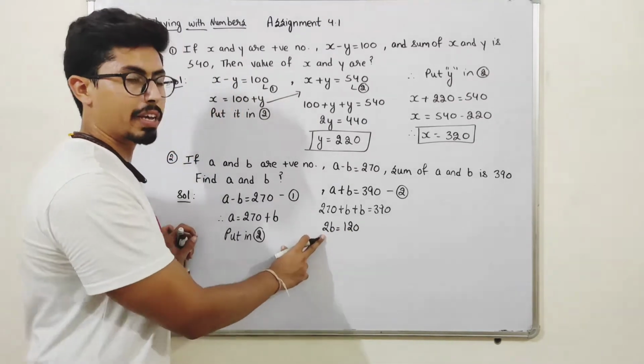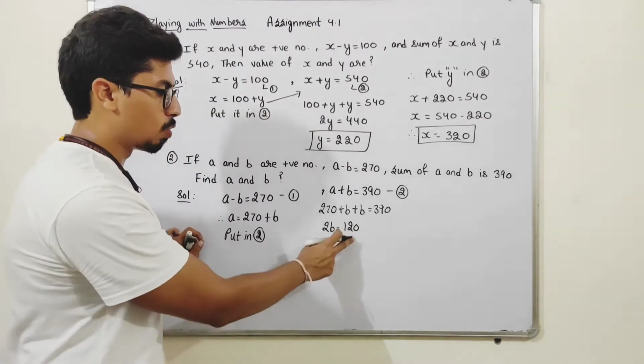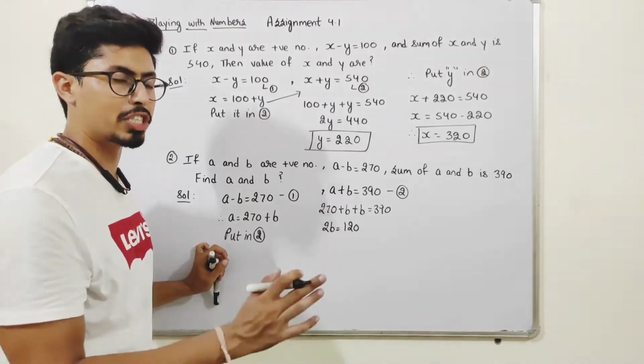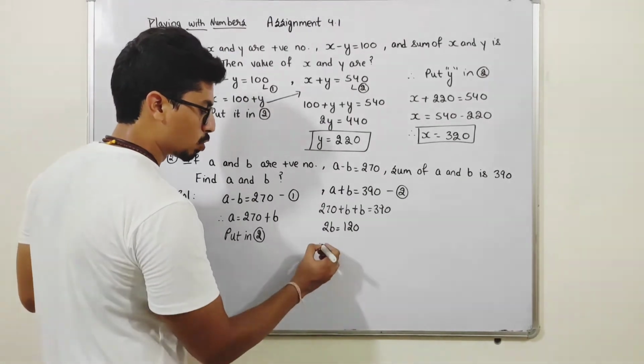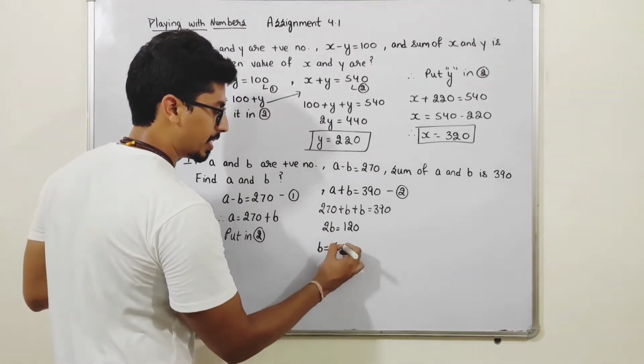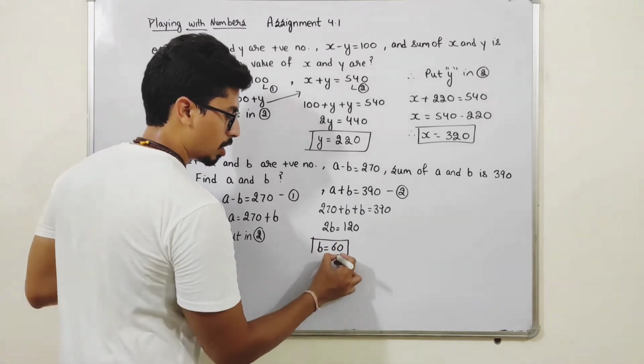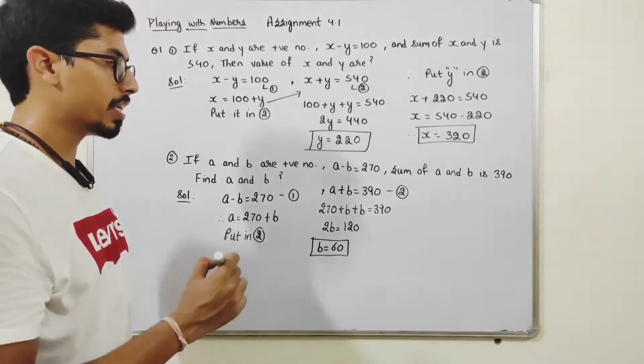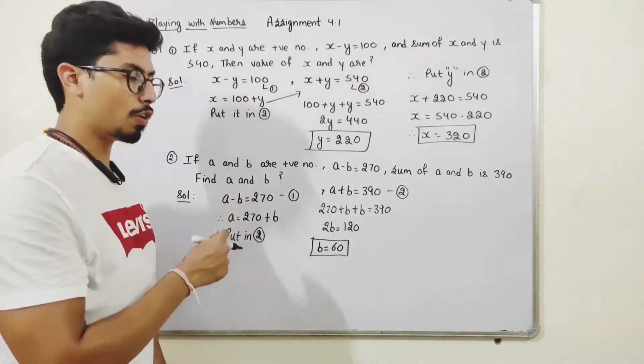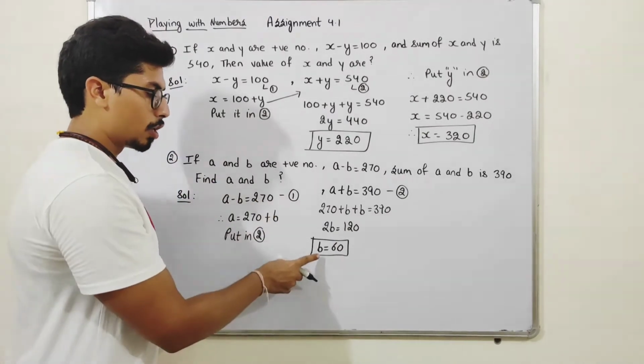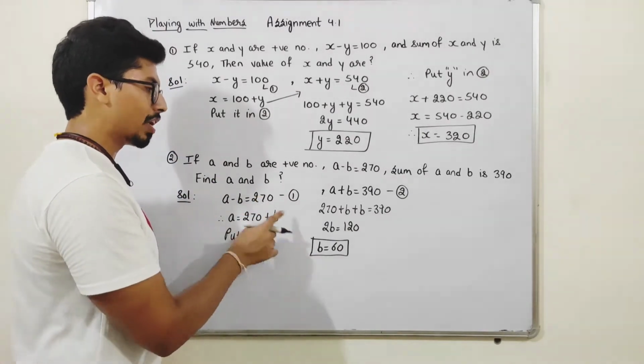Now 2b is here. 2 is in multiplication; when it goes there, it will be in division. So 120 divided by 2, so b will be 60. So the value of b is 60. Now students, we have to find the value of a. It's your choice; you can put the value of b in equation 1 or equation 2.